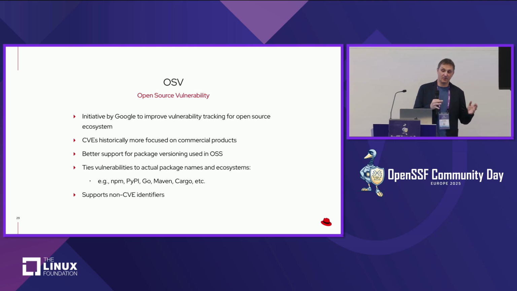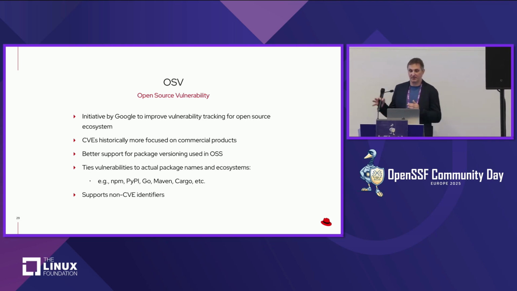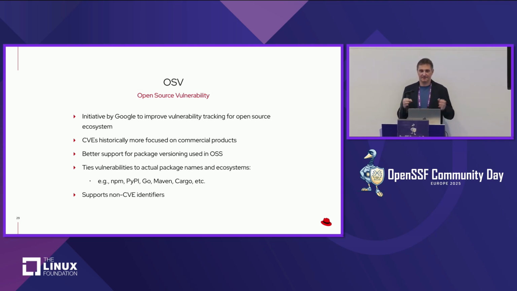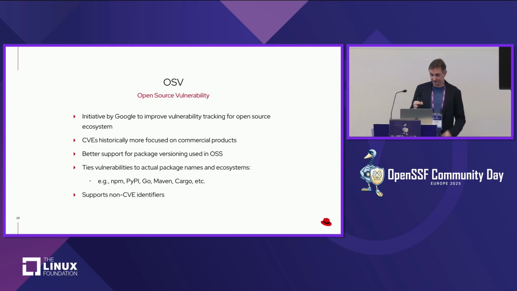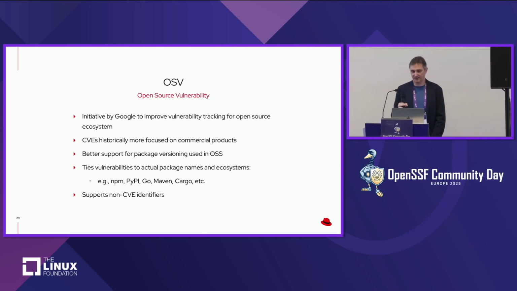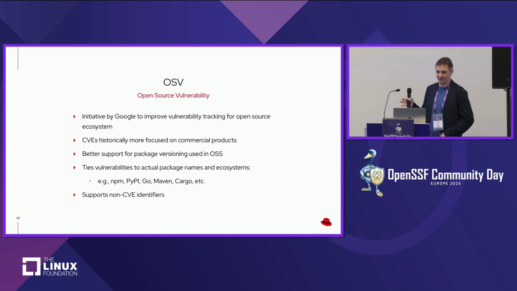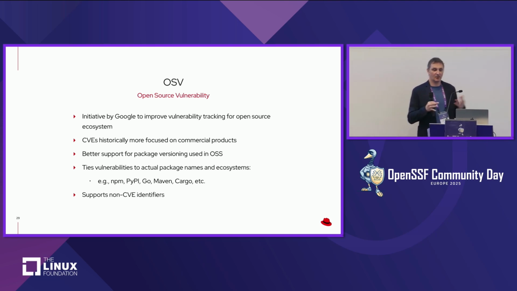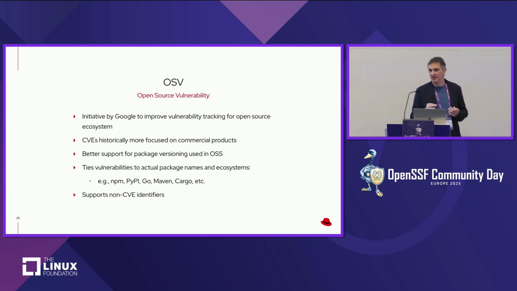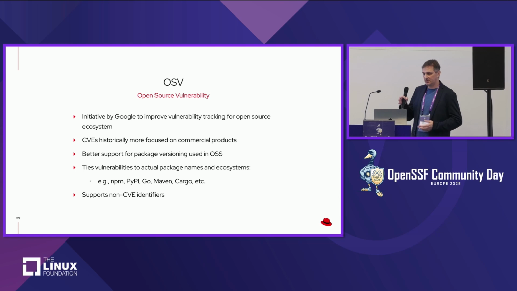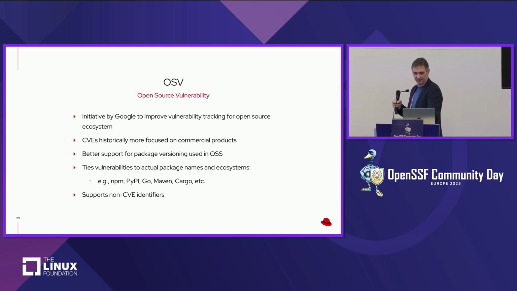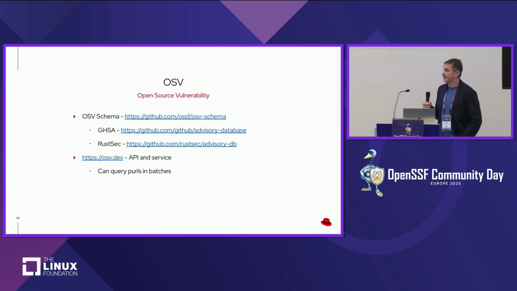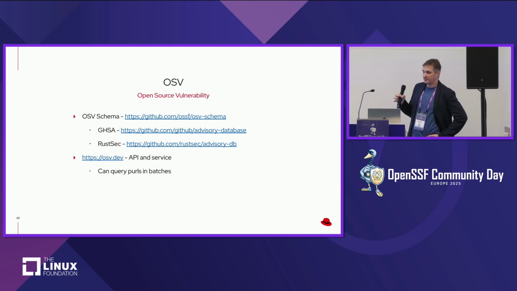And in a similar way, like PURLs, the vulnerabilities are actually combined in the different ecosystems, like we said before, like Go or NPM or Java ecosystem, and provide us to have non-CVE identifiers, which can be good for different ecosystems, not to be forced to go to the CVE program.